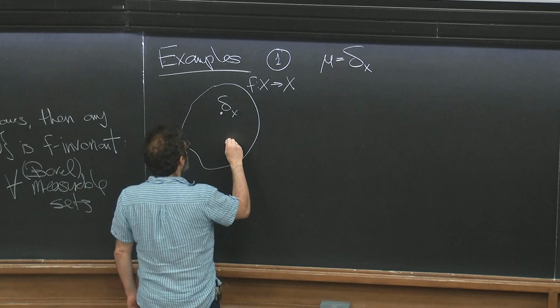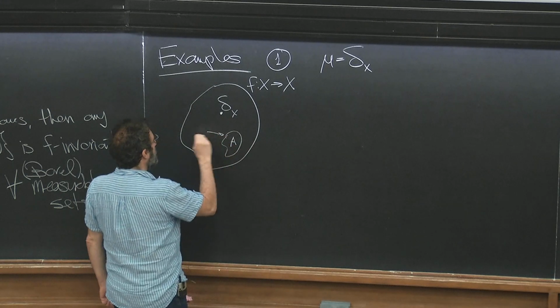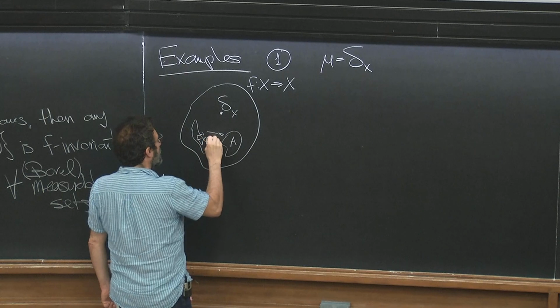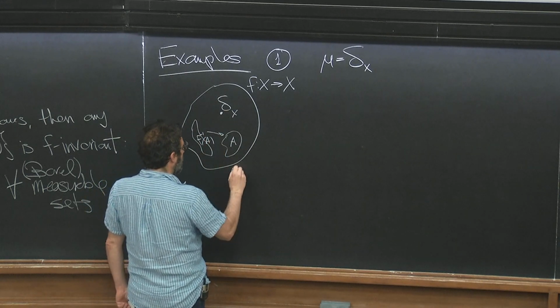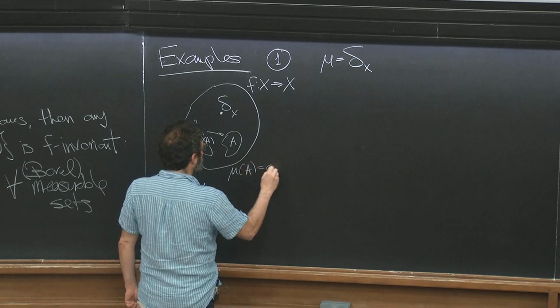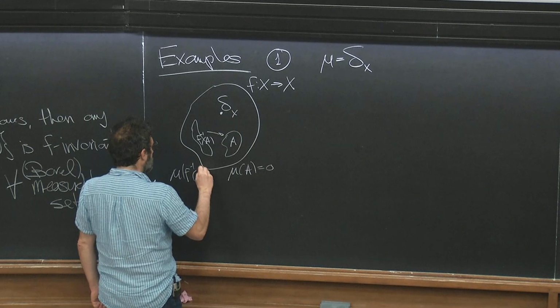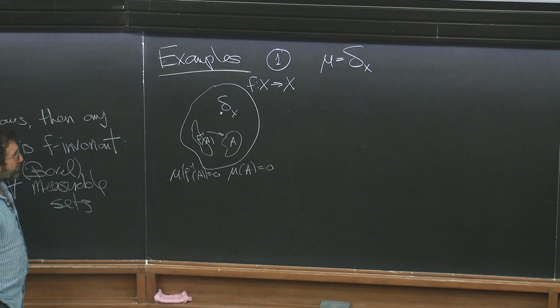Well, suppose we take a set A and its pre-image, and neither A nor its pre-image contain x. Then in this case we have that the measure of A is equal to 0 and the measure of f minus 1 of A is equal to 0. So this is not a problem.